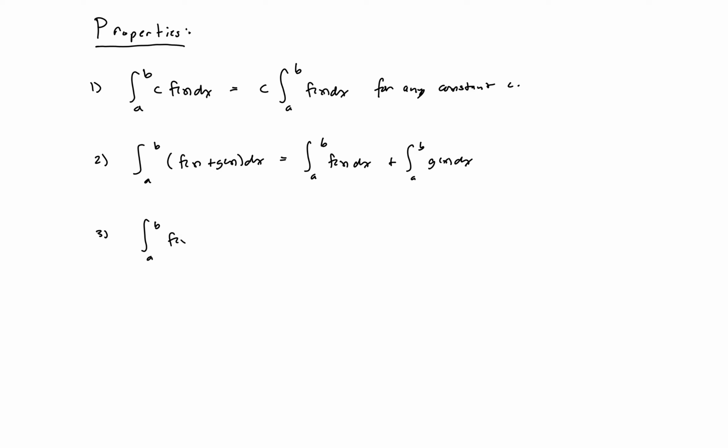If I take my definite integral, I can break this up by going to some point c in between, for any c with a less than c less than b.